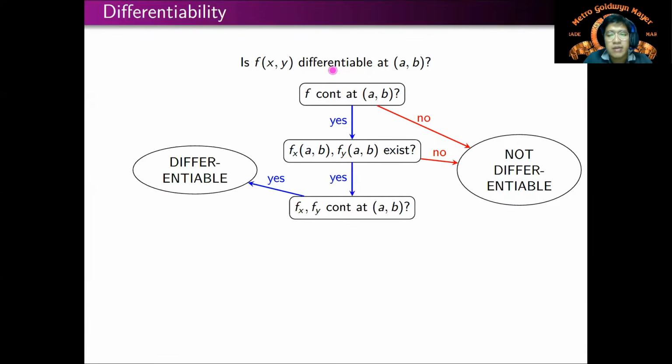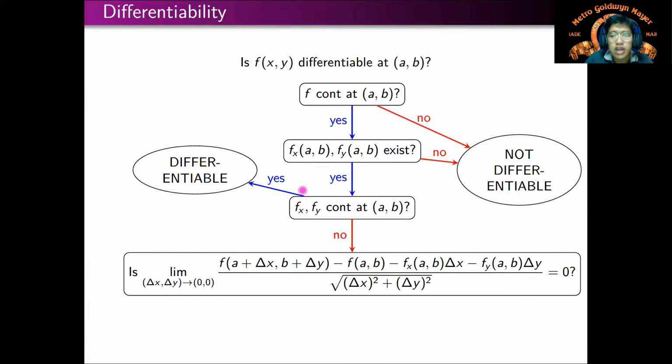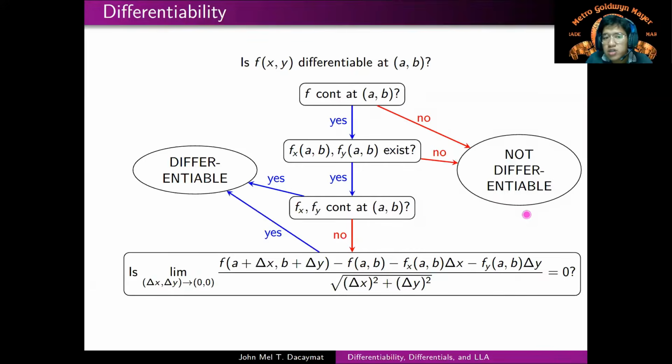You're done. But if not continuous, so ito yung last, no? Continuous yung f, yung first partials nag-exist, pero yung first partials mo hindi continuous, your last resort will be to check for this ugly limit, no? And ito na yung last kasi sure ka na may conclusion ka. Kapag equal 0 yung limit na to, differentiable. Kapag hindi 0, not differentiable.